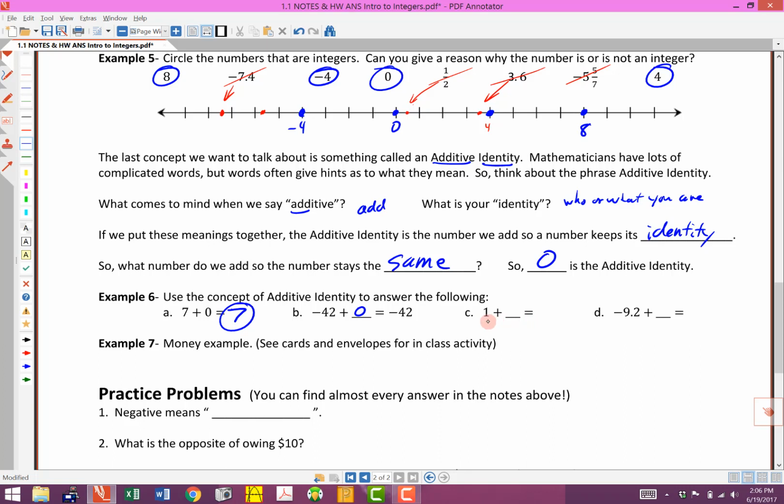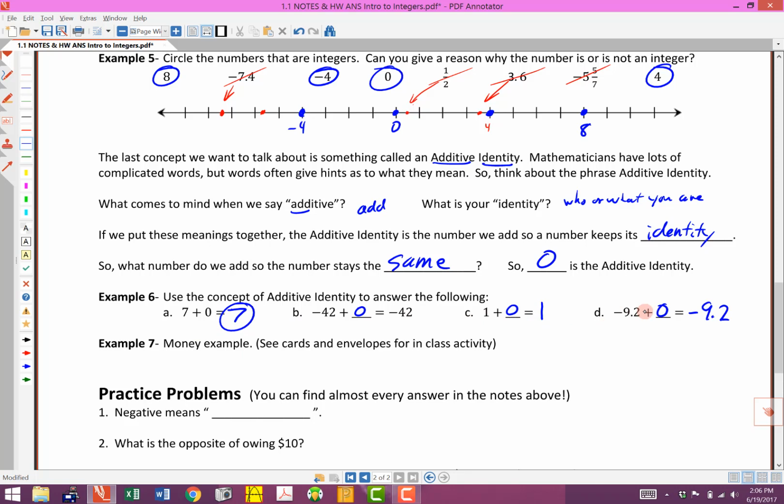If we use that same idea, we want to take a number, we want to add something, and we want it to stay the same. So we want the answer to be a 1, and clearly what we'd have to add would be a 0. And there we're starting with a -9.2, which again is not an integer, but it's got to maintain its identity of -9.2, so we'd have to add 0. So there are some examples of using the additive identity.